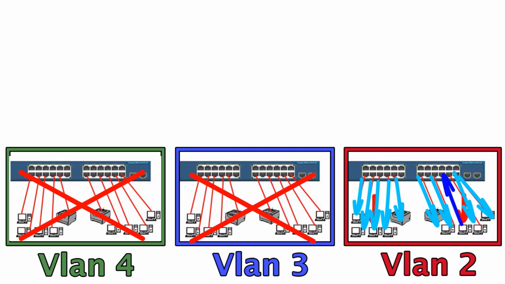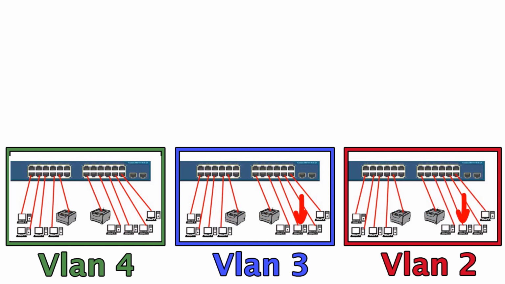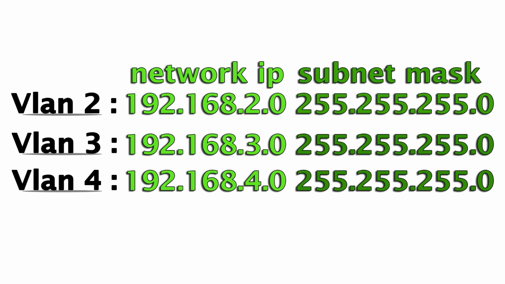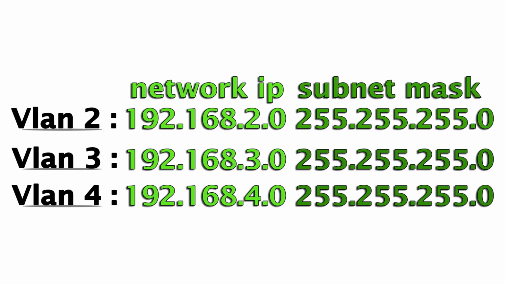If a device in VLAN 2 wants to talk to a device in VLAN 3, the switch of VLAN 2 will not send it to the devices inside its VLAN. It will be sent directly to the switch of VLAN 3 and will not be sent to VLAN 4. For example, I will have VLAN 2, VLAN 3, and VLAN 4.